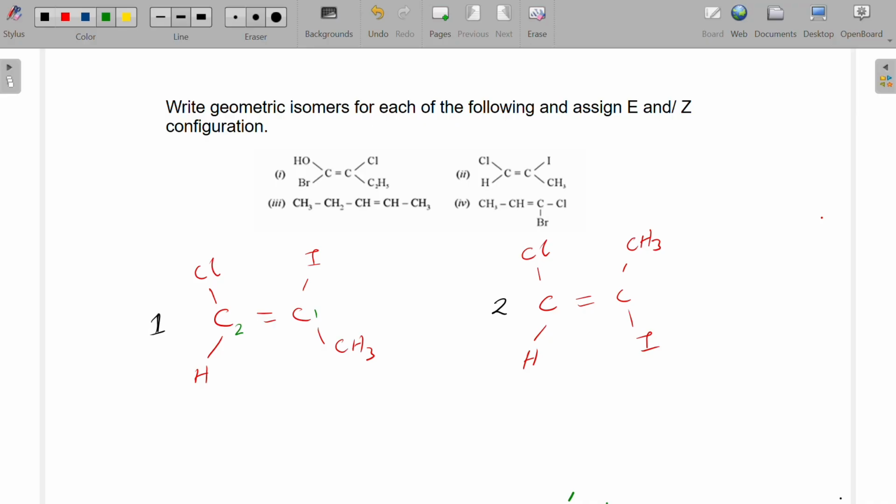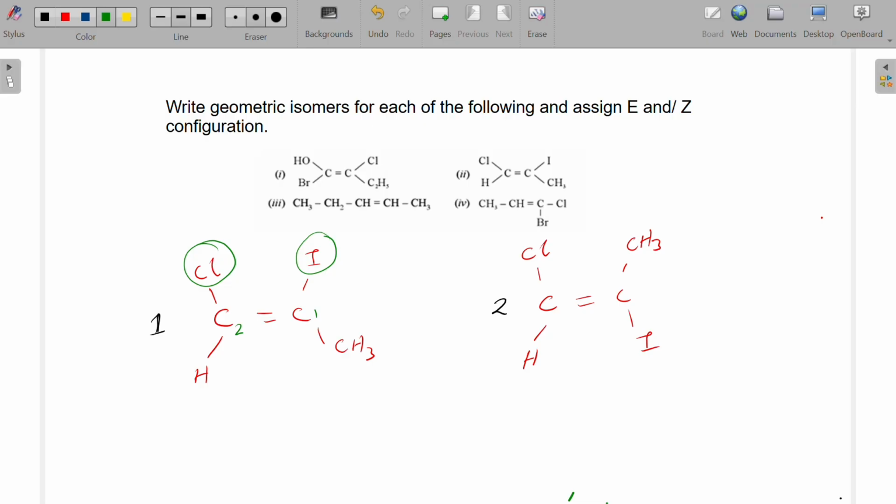Between iodine and carbon, when you check your periodic table, iodine has a higher atomic number compared to carbon. So our group on this side is iodine. Here we have chlorine and we have hydrogen. Hydrogen has an atomic number of 1, so this one, with 17, becomes our group of interest.